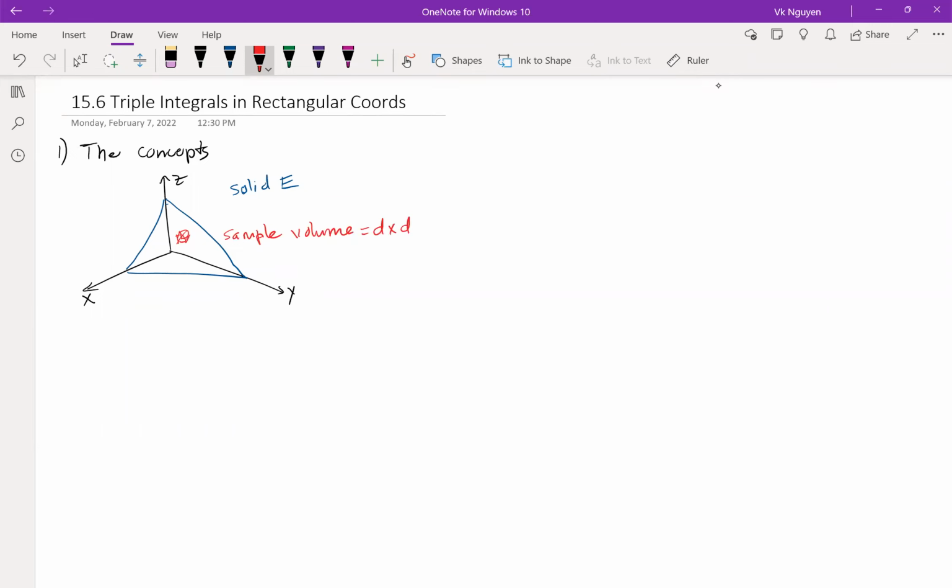So dx, dy, dz, meaning we can figure out the volume by summing it all over the solid E. The volume will be the triple integral over the solid E of 1 dx dy dz. Sometimes we have dy dx dz, so I'm going to call this a general dV. The sample volume here is just a dV.